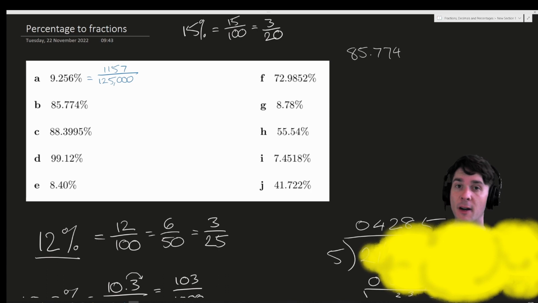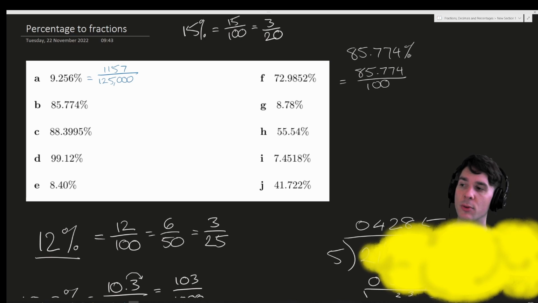For the number 85.774, this becomes the fraction 85.774 over 100. Oh, I forgot that should have had a percent sign there. So the percentage 85.774 becomes the fraction 85.774 over 100.